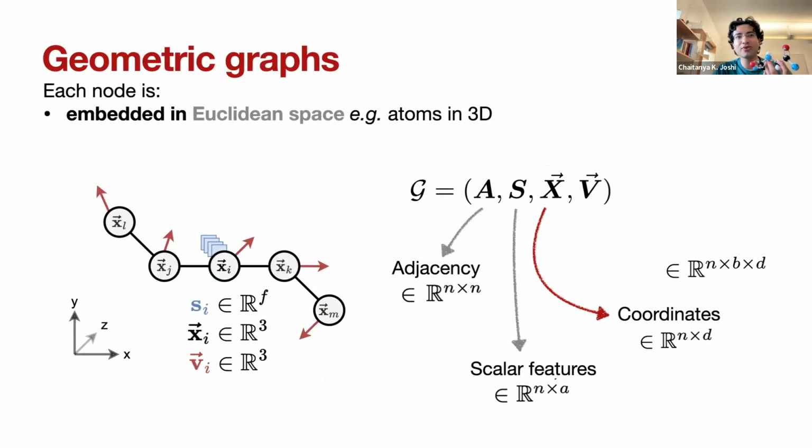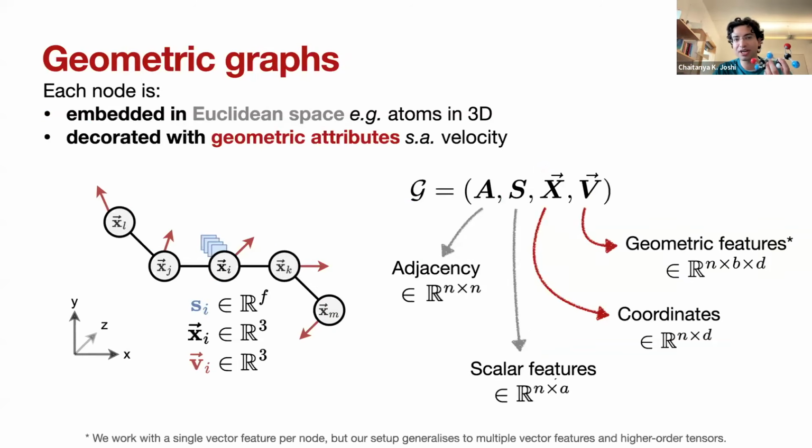So now you also have a notion of coordinates with every node, and optionally you have vector type features or geometric features as well. In the figure, you only see one vector feature, this arrow, but in general, you could have a list of vector features as well, but it's just easier to visualize just one, right?